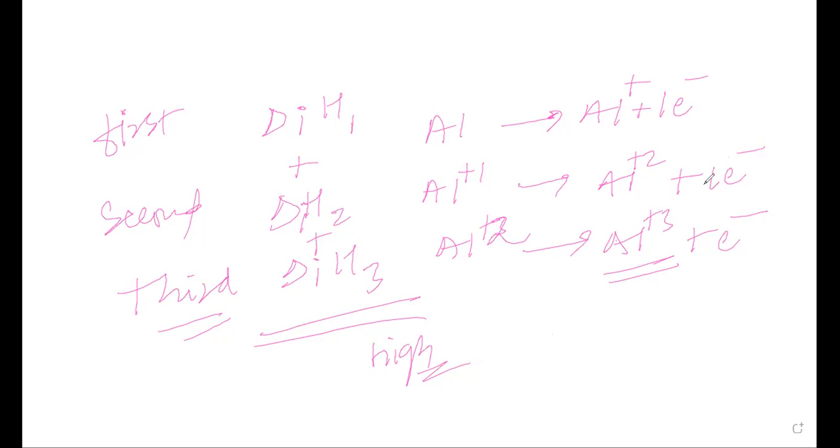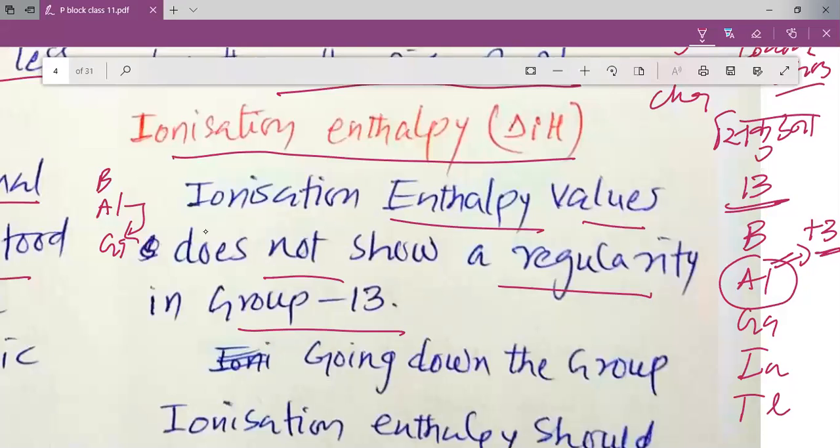Even when we compare the ionization enthalpies of this element with the other elements, we will be comparing all 3 types of ionization enthalpy. As a result, we will not find very similar characteristics as was expected from these elements. So that is why I have written here that ionization enthalpy values do not show a regularity in group 13.